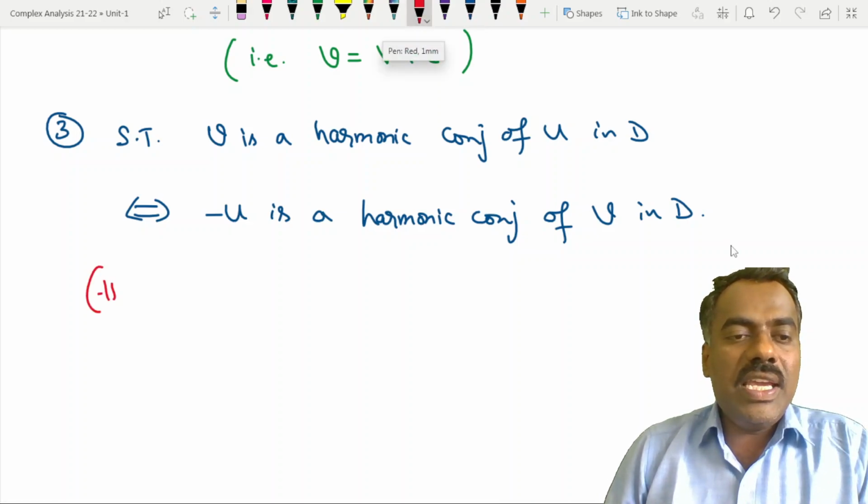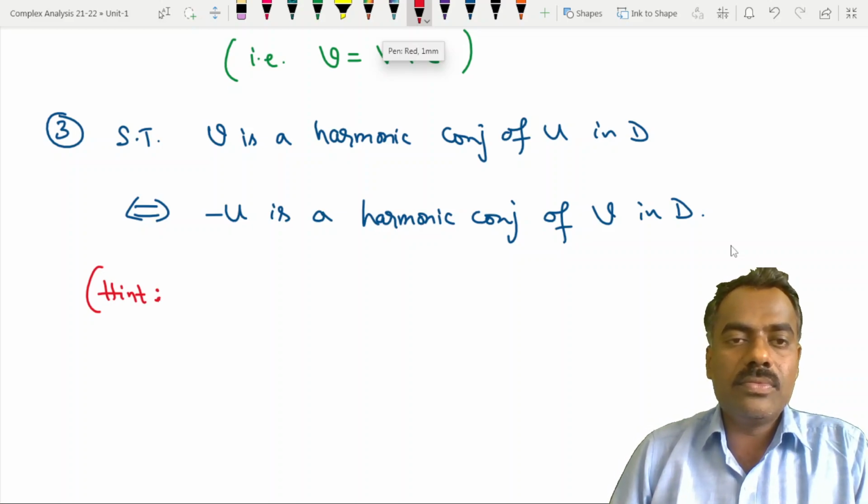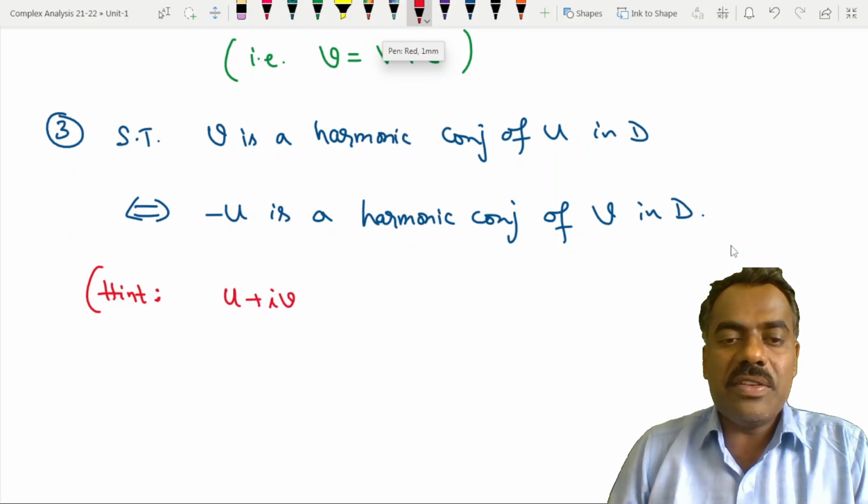So what is the hint here? Can somebody tell how you can write this in terms of an analytic function? V is a harmonic conjugate of U if and only if U plus iV is analytic.